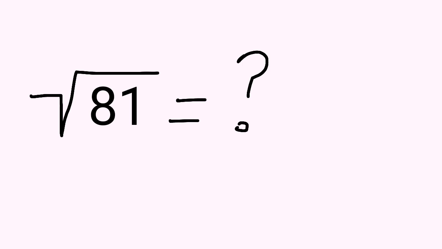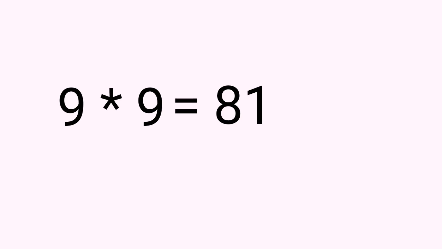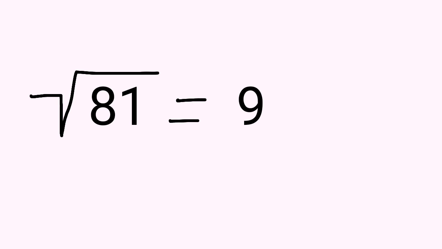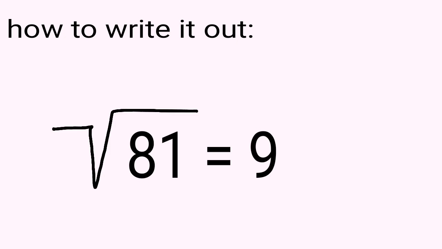And if we had 81, I would want to find the square root of 81. We do 9 times 9, and since 9 times 9 is 81, the square root of 81 would be 9. Now how to write this out would be like this.